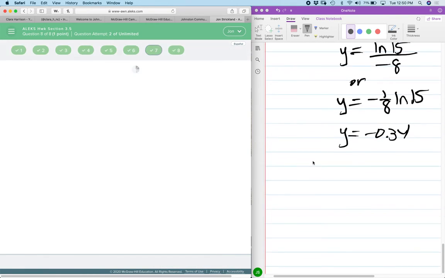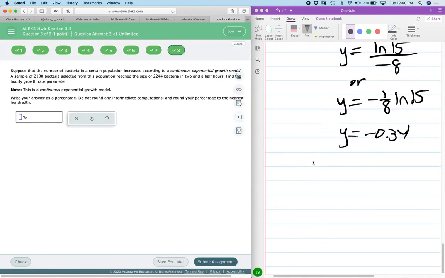Now, in the case of the last problem, it says suppose that the number of bacteria in a certain population increases in accordance with an exponential growth model. A sample of 2,100 bacteria selected from this population reached the size of 2244 bacteria in 2.5 hours.